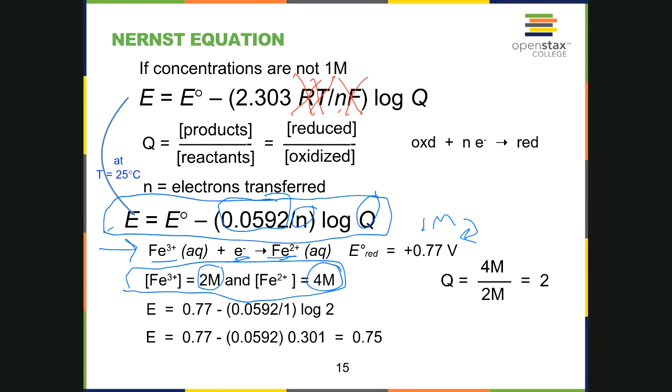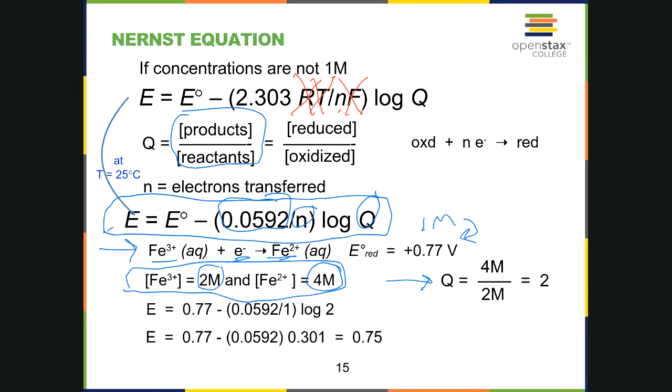You're going to take those two numbers and put them over here in order to get a value for Q. To know what goes in the numerator and what goes in the denominator, we go back up to here and follow the usual pattern for equilibrium constants or reaction quotients.